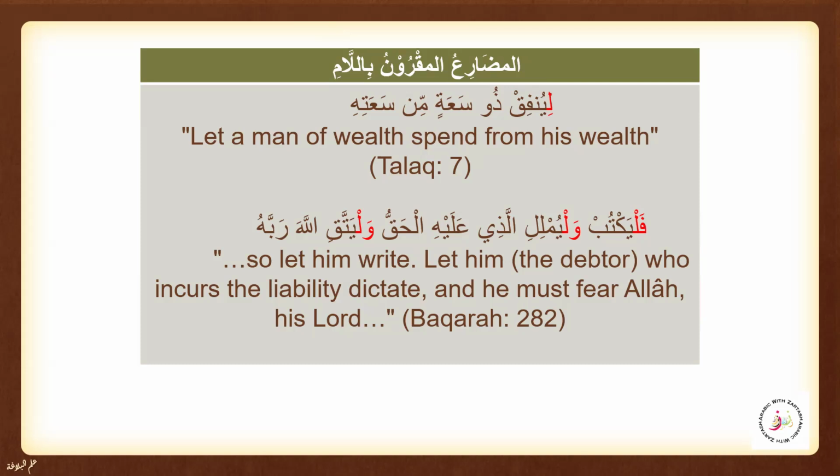And we can say that the mudari will be majzoom, and the fa'il is a hidden pronoun, taqdiruhu huwa. So taqdiruhu huwa means the third person commanding is used here. We know that mostly the command is used for the second person: anta, antuma, antum, anti, antuma, antunna. But here we see the third person commanding.